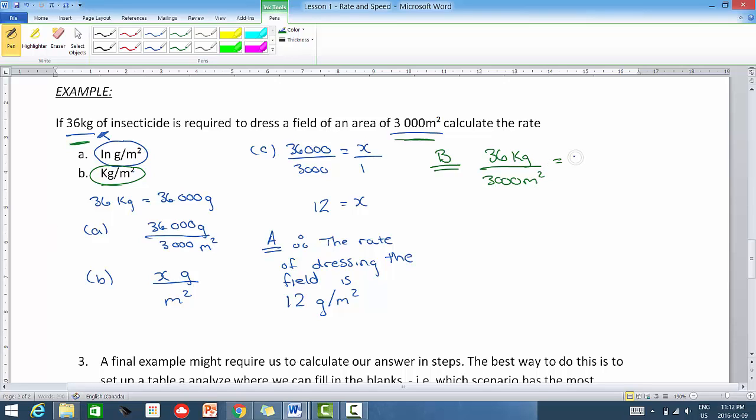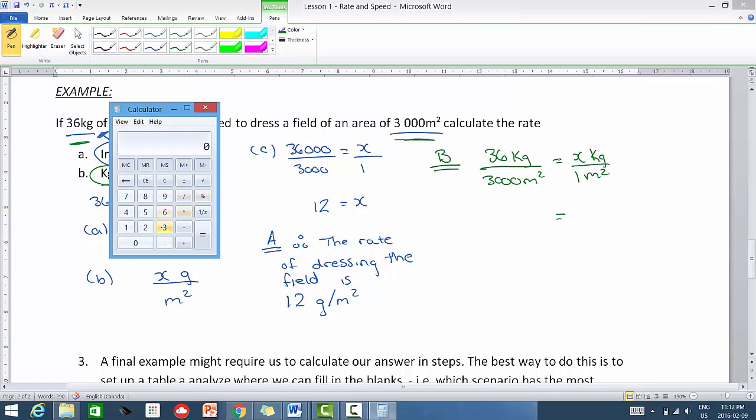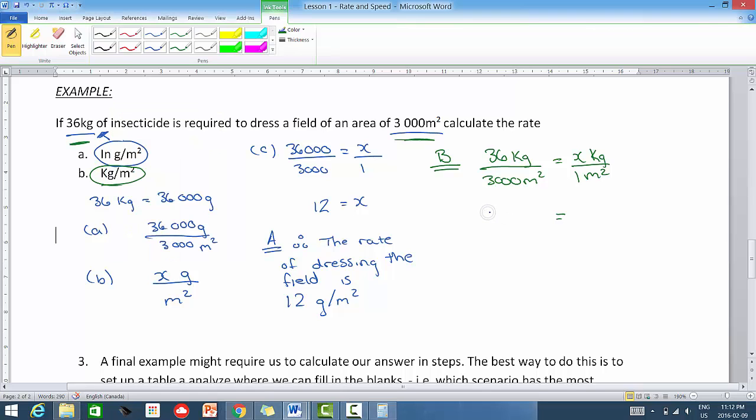We want to find out how many kilograms are used per every meter squared, for every 1 meter squared. So same thing again, 36 divided by 3,000. And it's going to be a little bit of a different number, so we'll just grab a calculator here. It's going to be a smaller decimal, so we'll go 36 divided by 3,000 is 0.012. So we have 0.012 equals x.